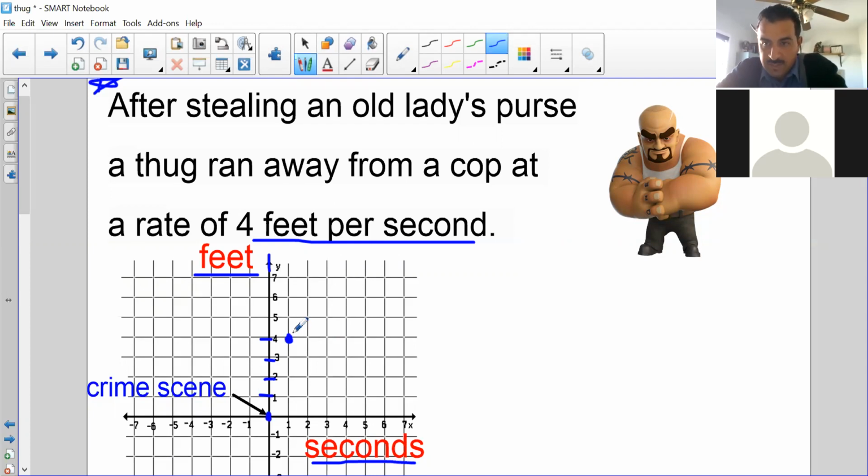After 1 second, he's 4 feet away from the crime scene. After 2 seconds, he's going to be 1, 2, 3, 4, he's going to be 8 feet away from the crime scene. So look what I'm doing here. I'm drawing a line here.